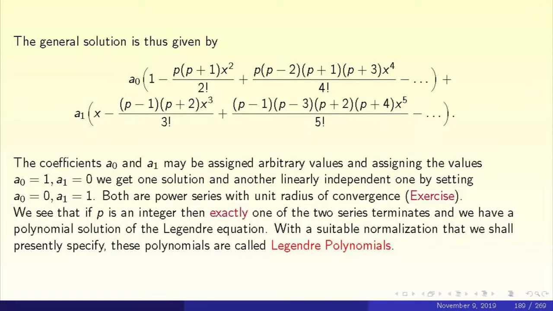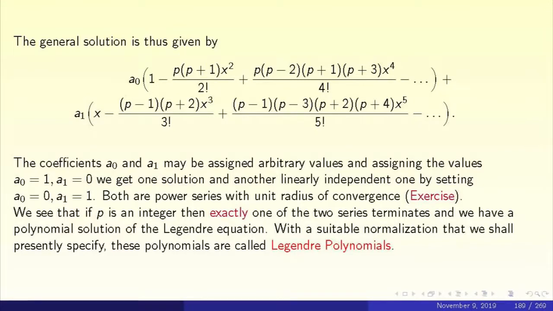All the odd ones will have an A1 in front. So you get A0 into big bracket 1 minus p(p+1) upon 2 factorial x squared plus p(p-2)(p+1)(p+3) upon 4 factorial x to the power 4 minus etc. A1 into big bracket x minus (p-1)(p+2) x cube upon 3 factorial plus (p-1)(p-3)(p+2)(p+4) x to the power 5 upon 5 factorial minus etc. The coefficients A0 and A1 can be assigned any arbitrary values.